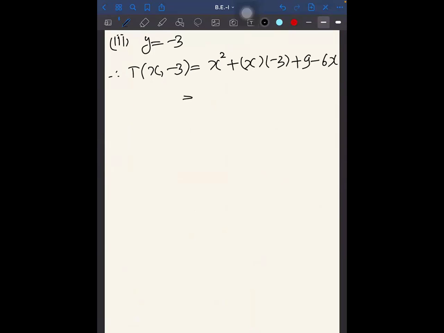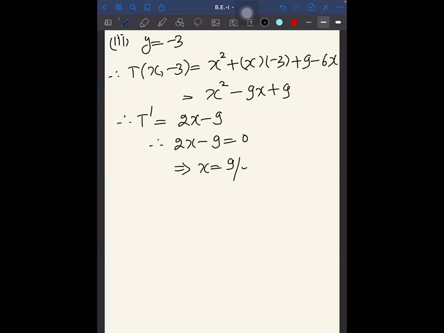So this becomes x square minus 3x minus 6x, minus 9x plus 9, right? So therefore t dash is 2x minus 9, right? So if we calculate this, this becomes 2x equals 9 for the extreme point, so x becomes 9 by 2. So y is already minus 3, so t of 9 by 2 and minus 3, this is the point.